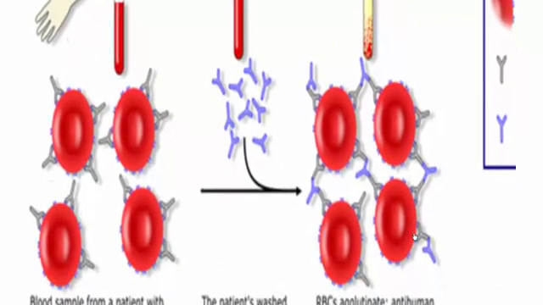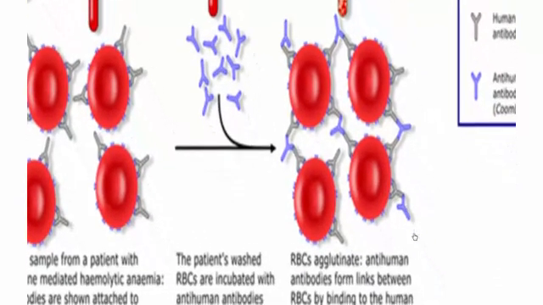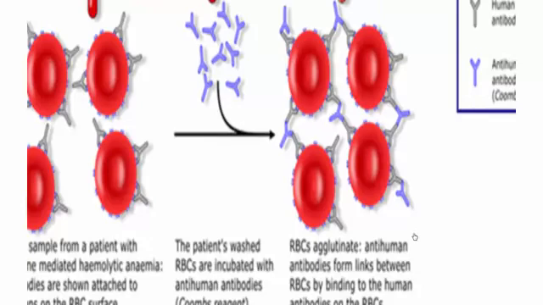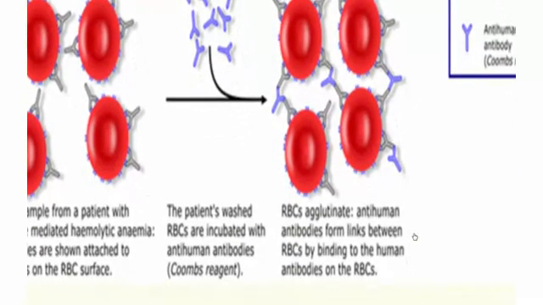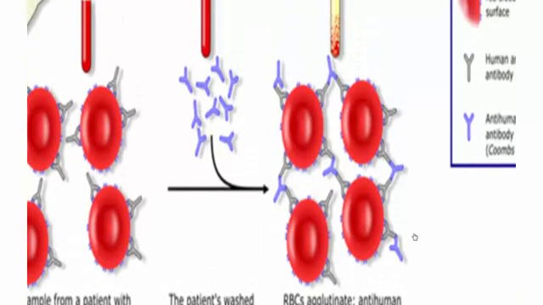This AHG will cause the red blood cells to agglutinate, because the AHG will link the RBC by binding to the human antibodies on the RBC. So it will cause the red blood cells to bind together.